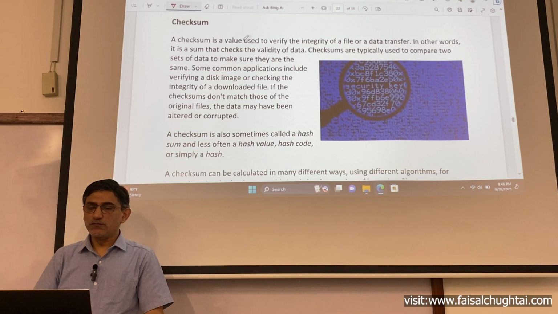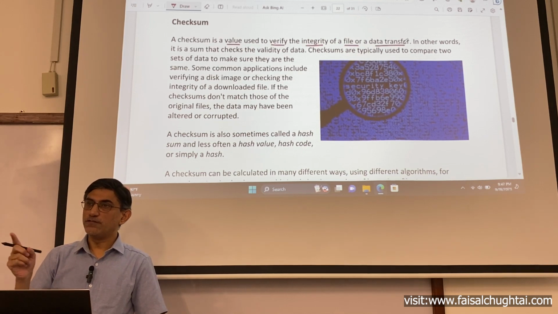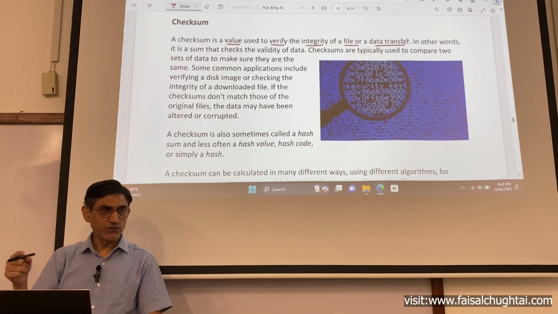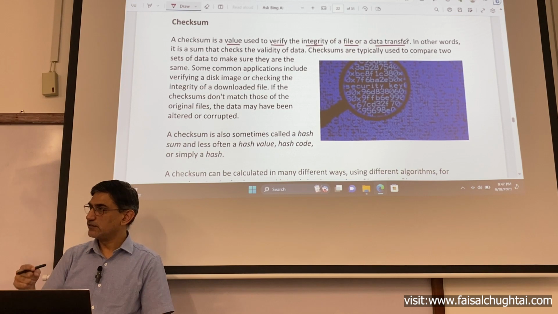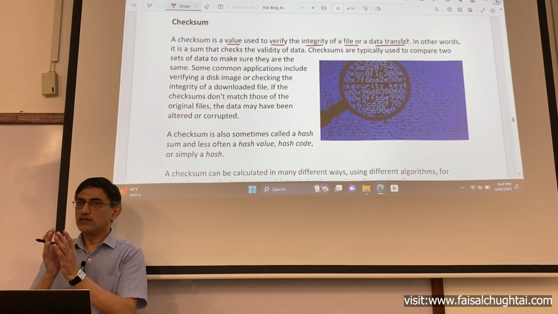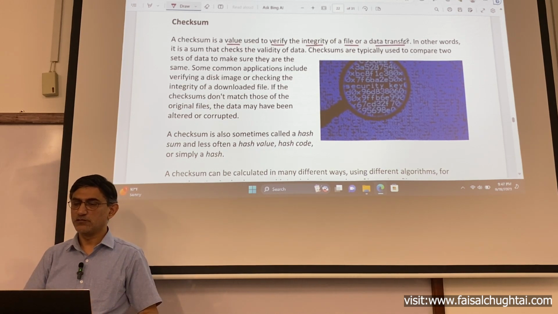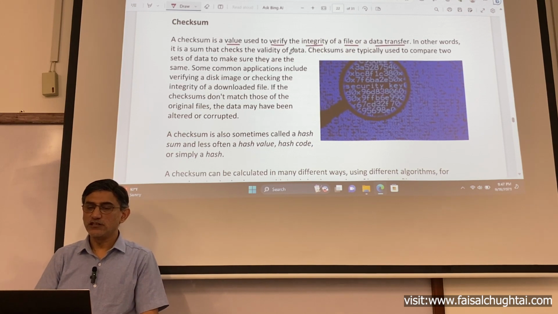A checksum is a value used to verify the integrity of a file or data transfer, used to verify the integrity of a file once it has been transferred from one computer to the other. Now, what is meant by verifying the integrity of a file? Of course, ensuring that the file was transmitted correctly. In other words, it is a sum that checks the validity of data.